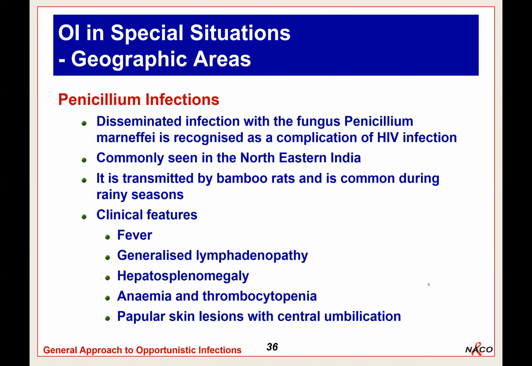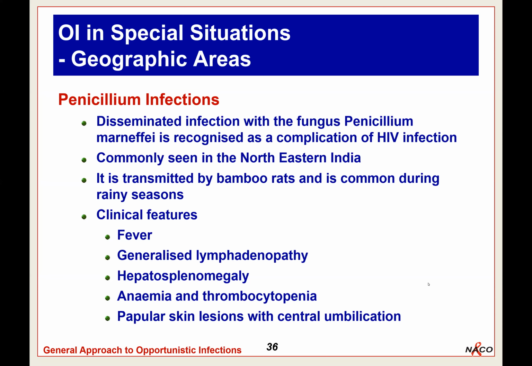And as I was mentioning regarding Penicillium marneffei, which is a fungal infection, if you are in the Northeast, or if the patient is traveling from the Northeast to other parts of the country, then it is especially important to ask the history of exposure to bamboo rats, or merely their geography or travel history to Manipur, or all other parts of the Northeast also.